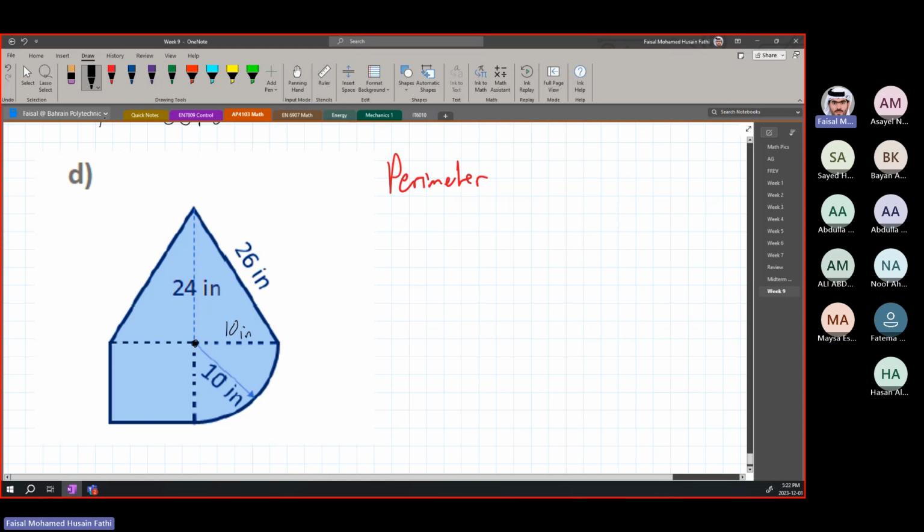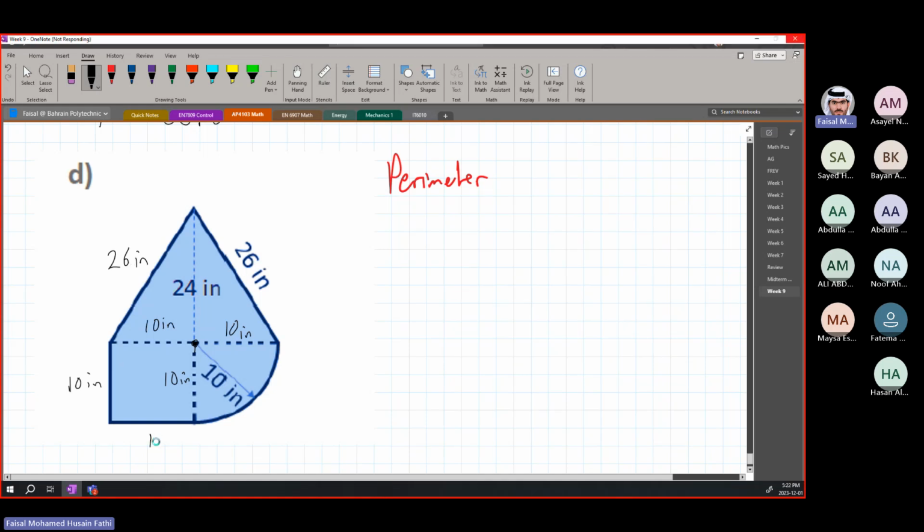So this is also 10 inches. And this is also 10 inches because this is a square. So this is cutting it in half, so this is 26 inches. Since this is a square, this is 10 inches. The bottom part is also 10 inches.